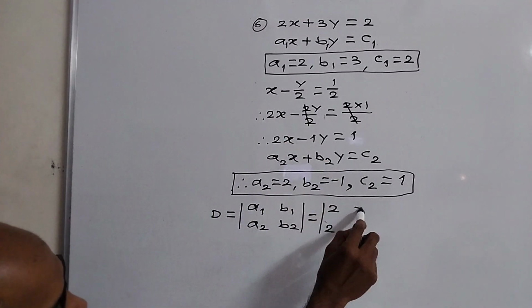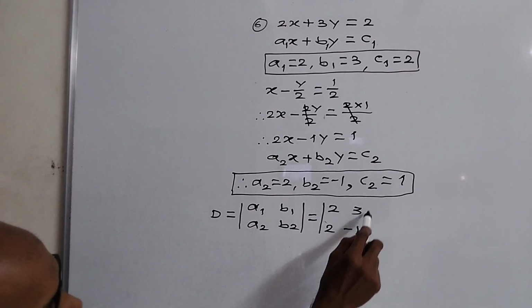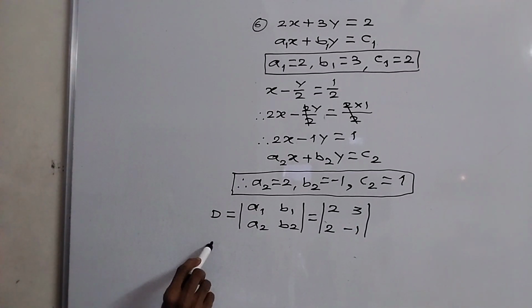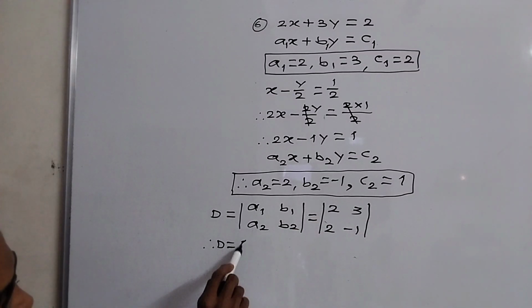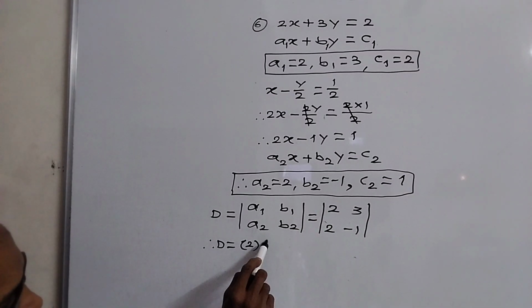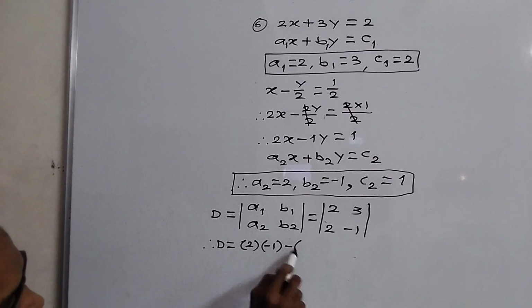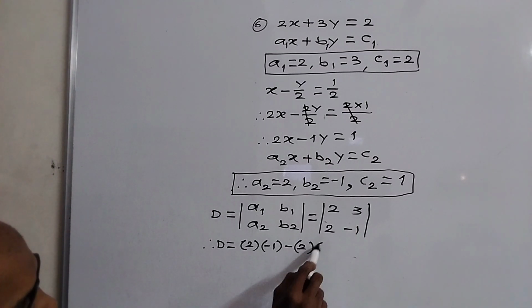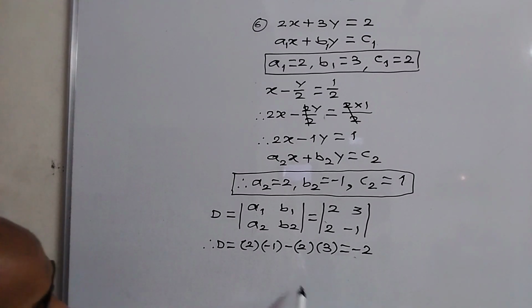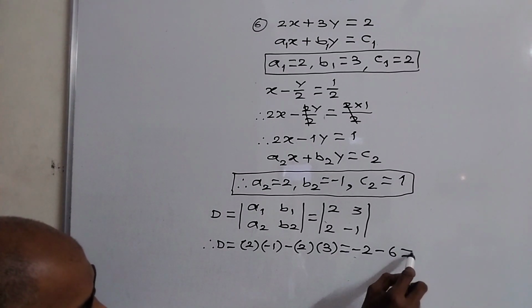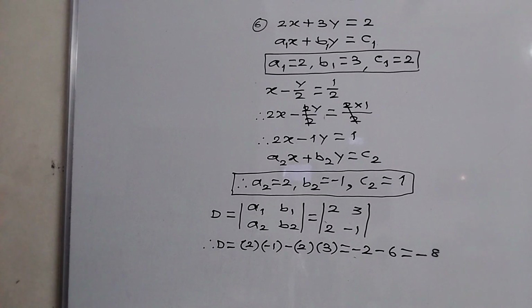Our b1? 3. And b2? Minus 1. Therefore D is equal to multiplication: 2 into minus 1 minus 2 into 3, which is minus 2 minus 6, is equal to minus 8.